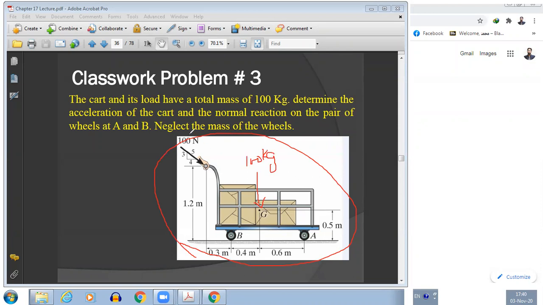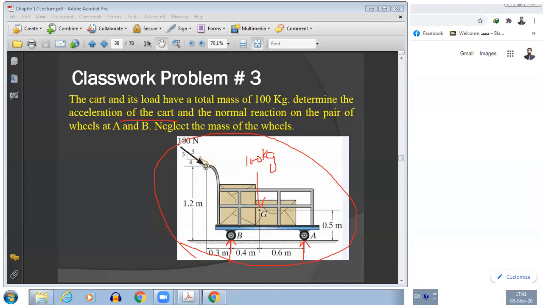Determine the acceleration of the cart and the normal reaction on the pair of wheels. Obviously the wheels are on the floor, so there will be a normal reaction on the wheels. So we need to find the acceleration of the cart and the normal reaction on the pair of wheels at A and B. Neglect the mass of the wheels.